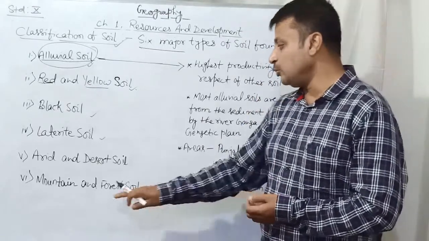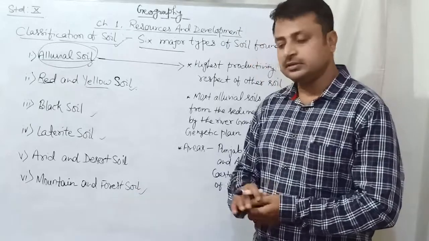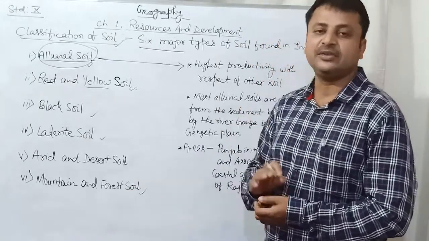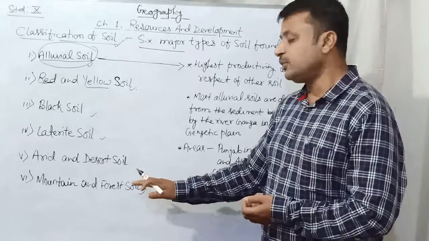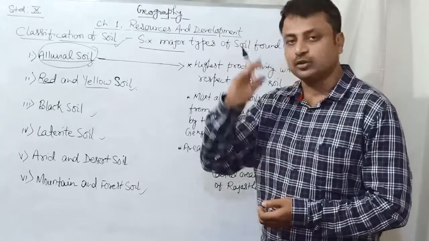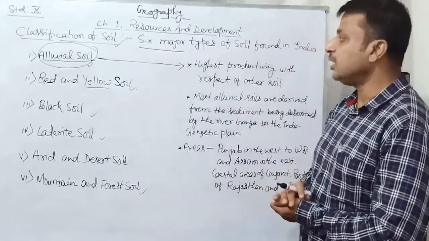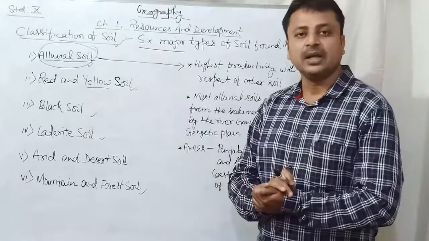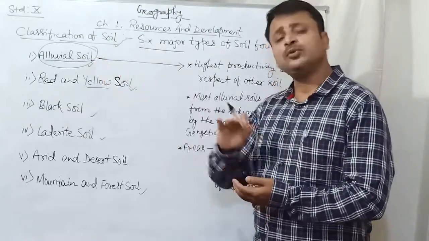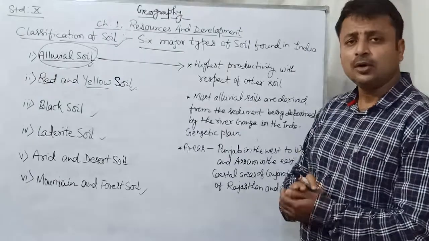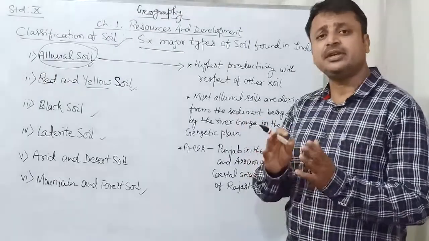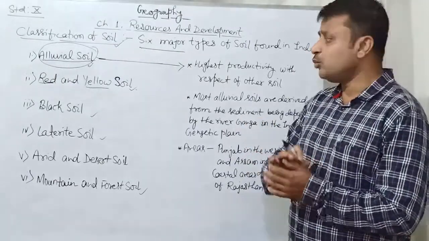And next one is mountain and forest soil. The name again gives you the clear-cut picture that this kind of soil is found in hilly regions, on the hill slopes. So now let's begin with alluvial soil. Alluvial soil is the most widespread soil present in India. And where is it found?